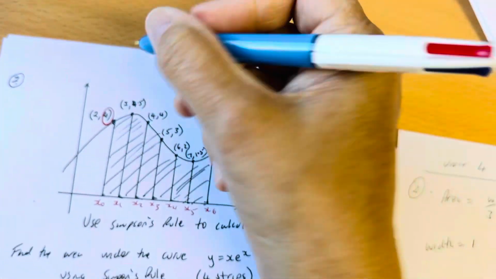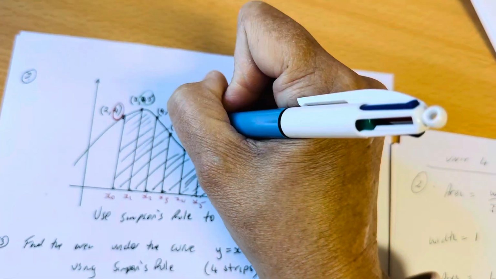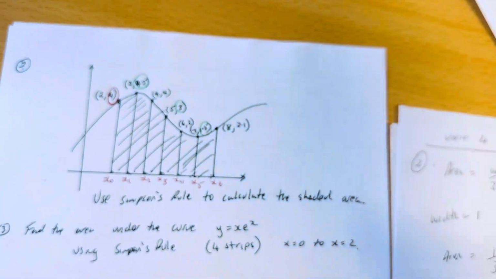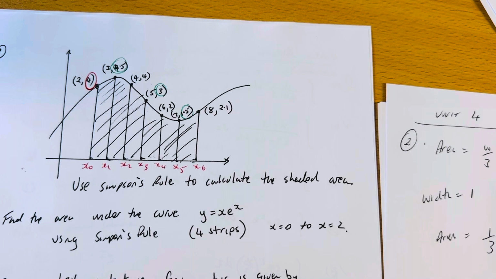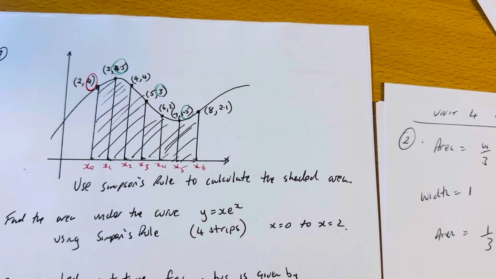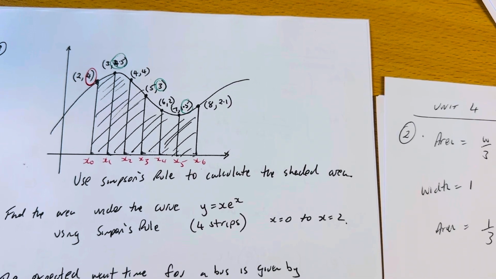My odds are x1, x3, and x5. So that's 4.5 plus 3 plus 1.5.